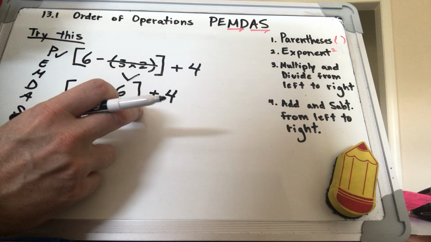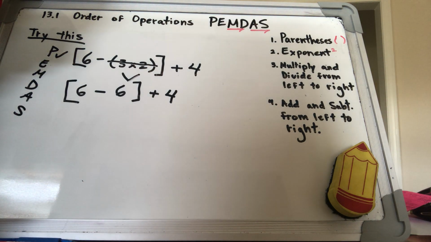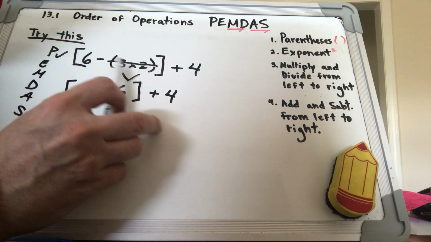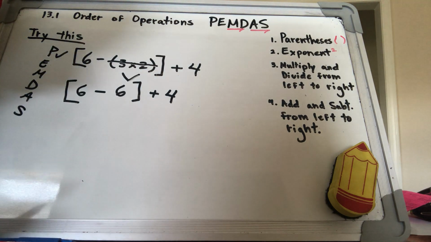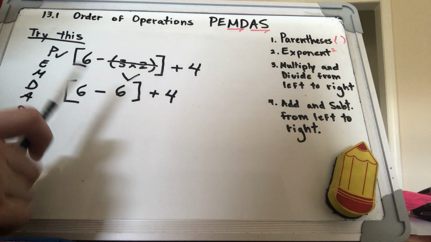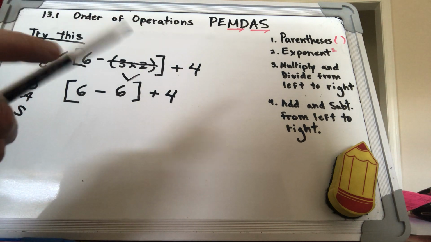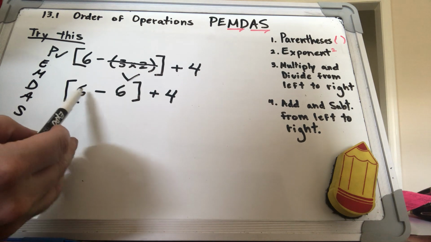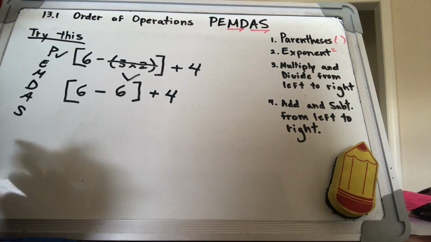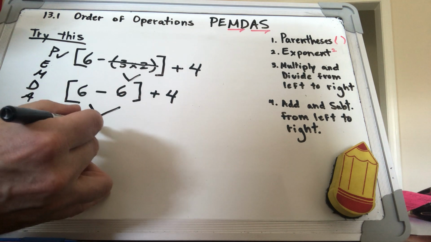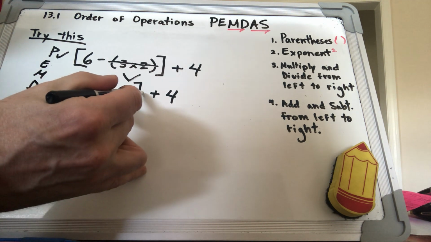So now this is just like another set of parentheses. We're going to do those now. I start on the innermost parentheses, and then I work my way out. So now this is my next set of parentheses called braces. 6 minus 6 is 0. So this is going to turn into 0. Now I'm finished with that.